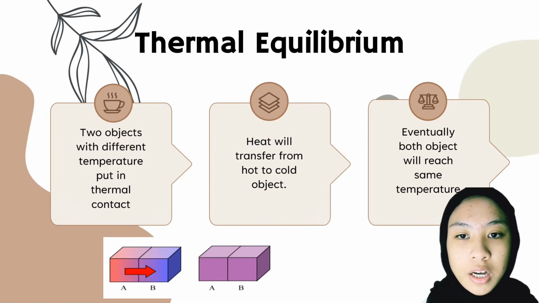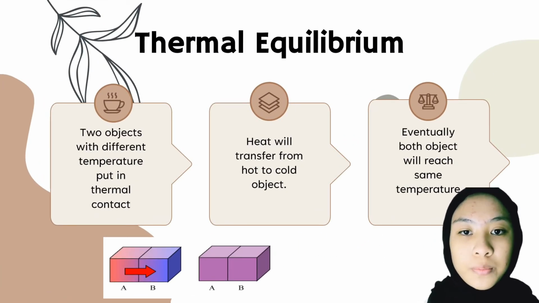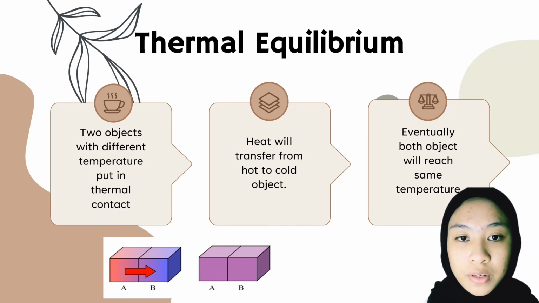During the process of reaching thermal equilibrium, heat is transferred between the objects. The amount of heat transfer, delta Q, is proportional to the temperature difference, delta T, between the objects and the heat capacity C of the object, so delta Q equals C delta T.